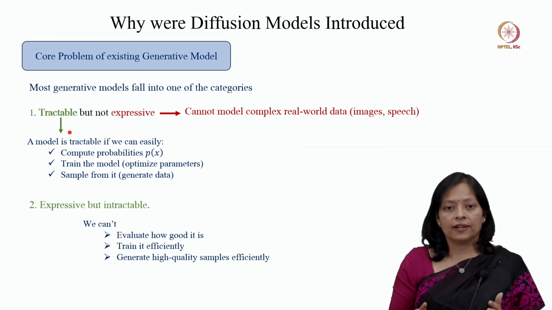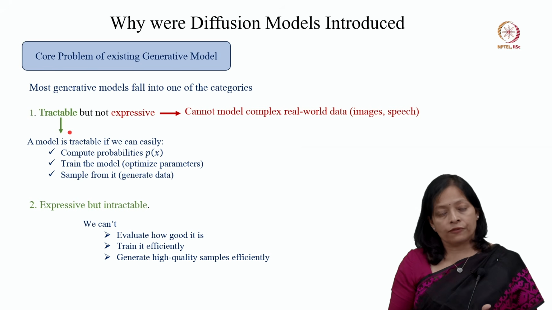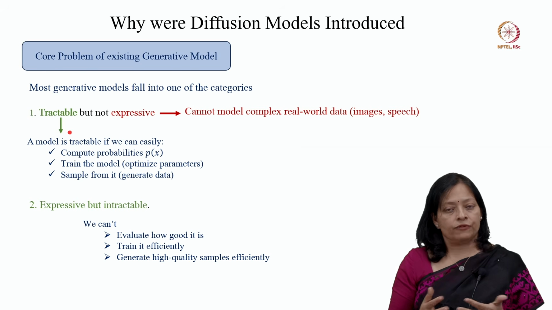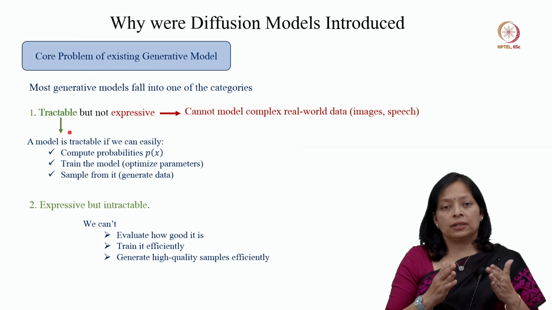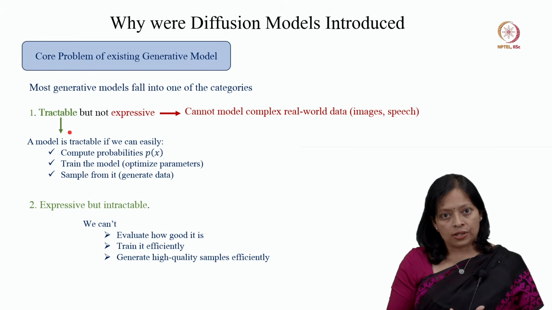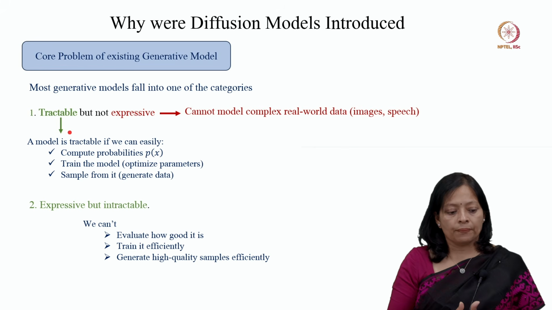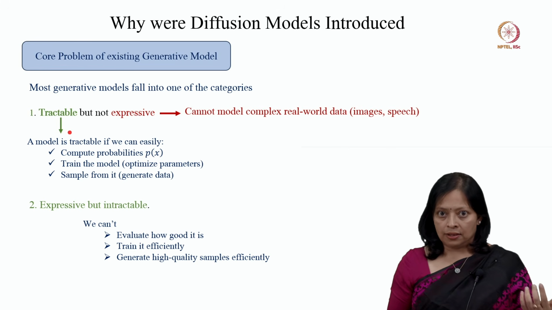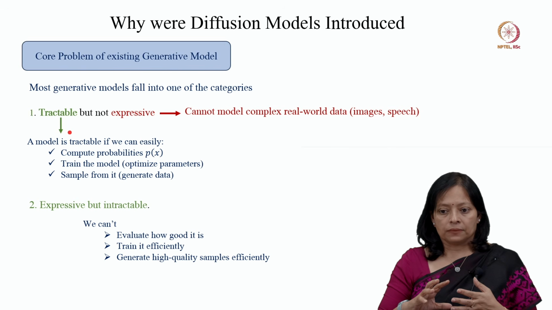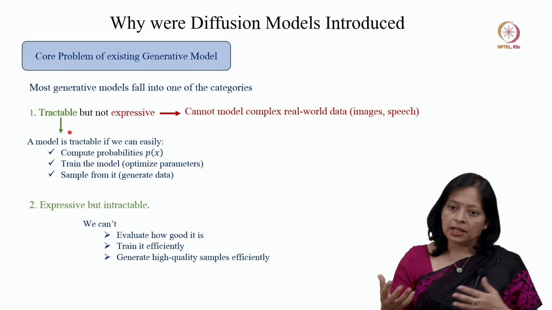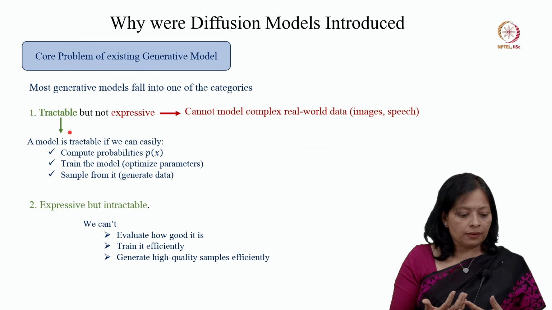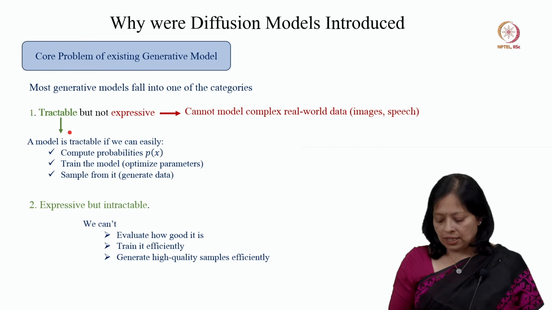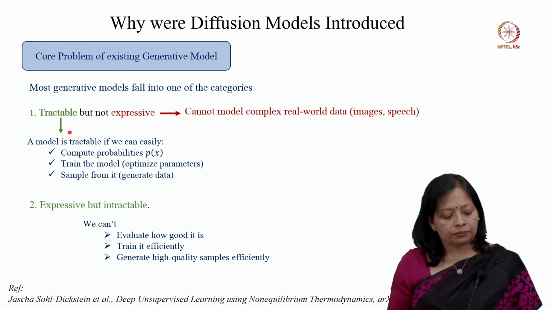So, we cannot evaluate how good they are, train them efficiently, or generate high quality samples efficiently. So, the existing generative models at that point of time fell into either of these two categories. Either they can model complex data, but then they become intractable, or they are tractable but cannot handle complex data.